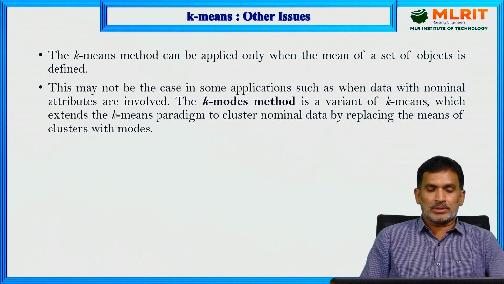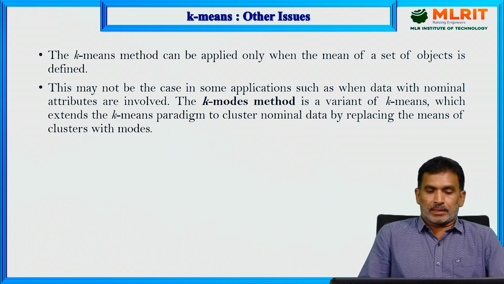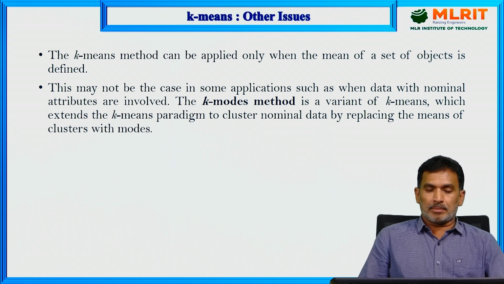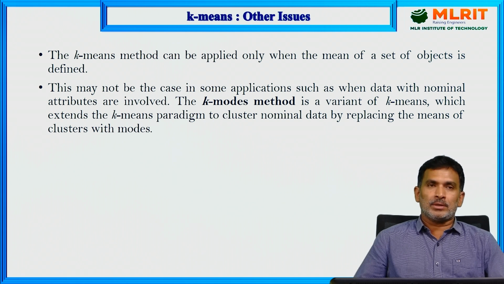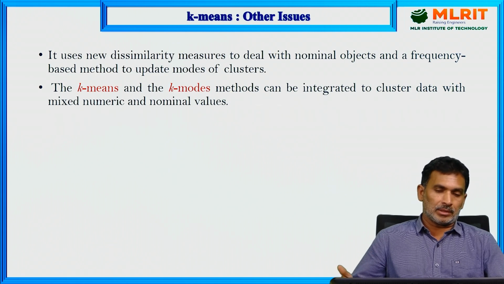The k-means method can be applied only when the mean of a set of objects is defined. This may not be the case in some applications, such as when data with nominal attributes are involved. The k-modes method is another version of k-means, which extends the algorithm to cluster nominal data by replacing the mean of clusters with the modes, that is, the number of times a particular value is repeated.